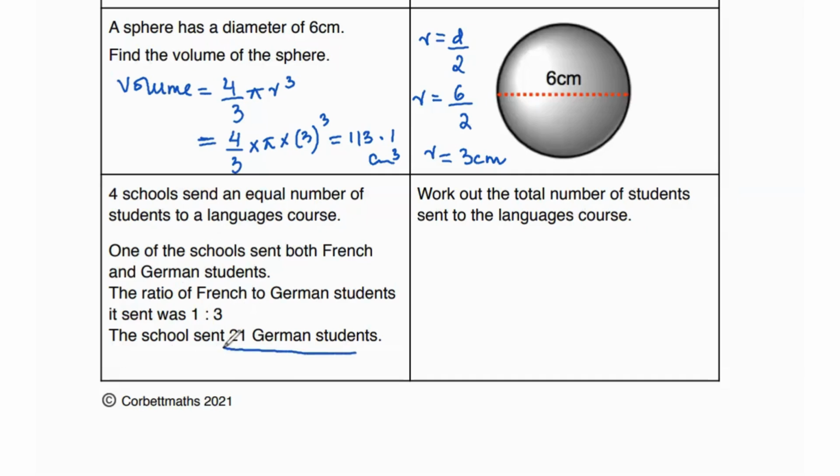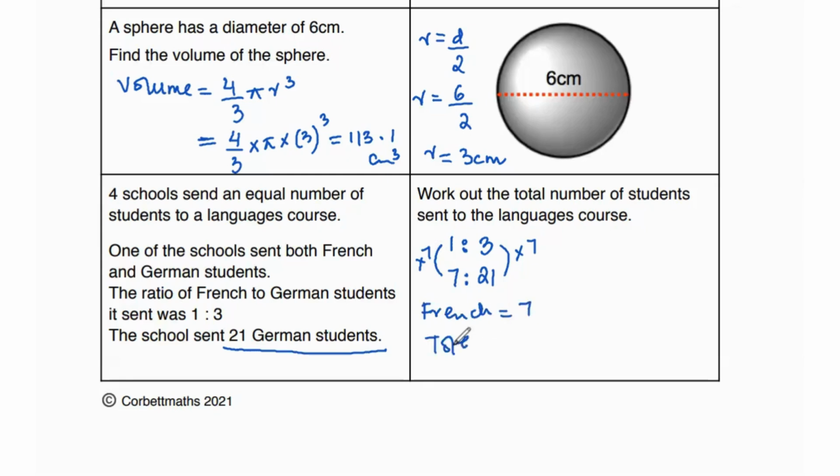If 21 were the German students, that means we multiplied 3 by 7, so we have to multiply 1 by 7, which gives us 7:21. So 7 is French for this school.